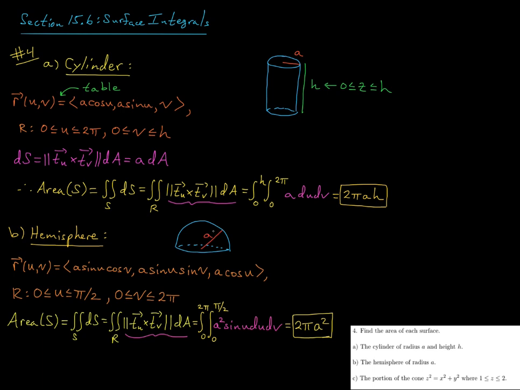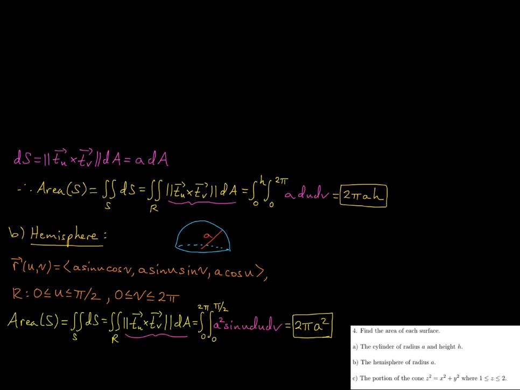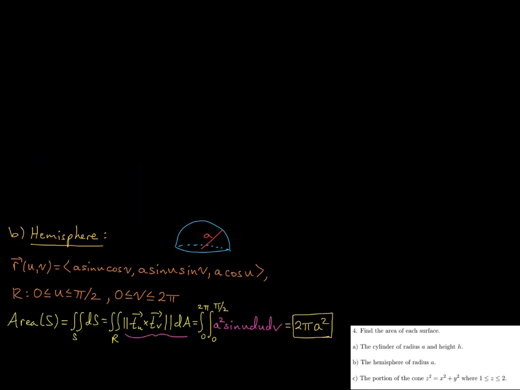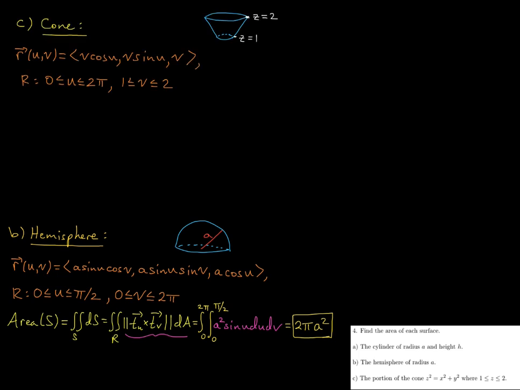For a full sphere, it's 4 pi times the square of the radius, which for whatever reason I always remember because the volume is 4/3 pi times the radius cubed, and the surface area is just the derivative of that. And since we're looking at a hemisphere, it's just going to be half that, so 2 pi a squared makes sense.